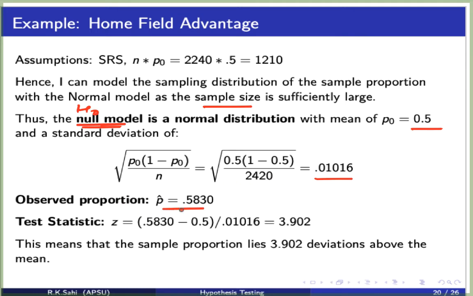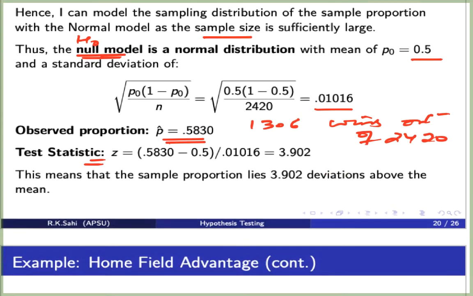The observed proportion is 1,306 wins out of the 2,240 season games. We find the test statistic, basically plugging in the values. Once we plug in the values, we want to find the p-value. Remember, the p-value gives us the answer.